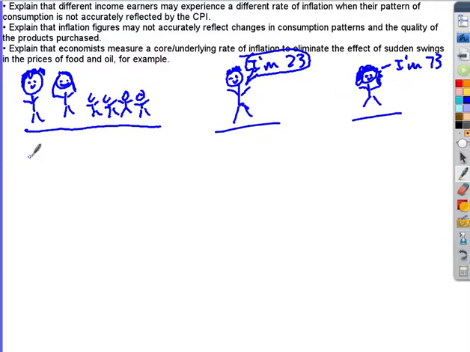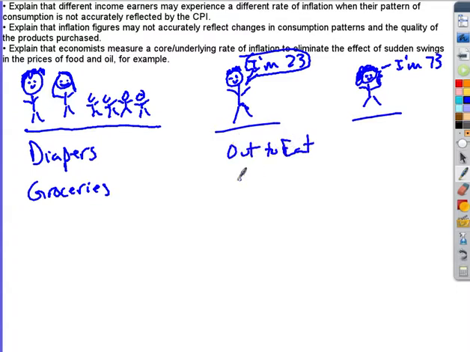If we're looking here, you've got diapers that you're buying, and your groceries are much higher here. Over here, you might be out to eat more. Let's say they have a hobby, they like to go cycling. And here, the grandmother, she's buying a lot of cookies for the grandkids, things like that. But the gist of this is that inflation is definitely going to affect people in different ways.